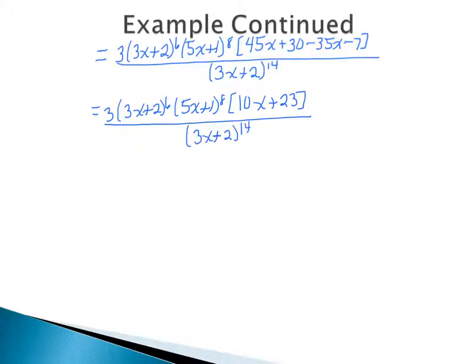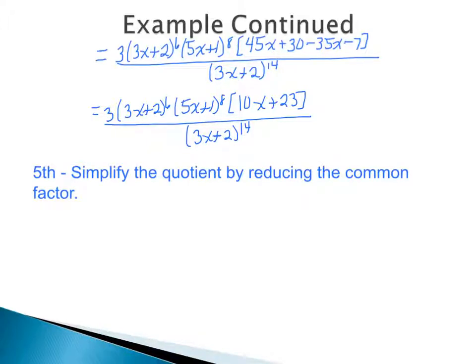So in the last example that we did, we would have been done. But now that we have a denominator, we actually need to simplify the quotient by dividing out the common factor, because what we can see here is that I have a 3x plus 2 in the numerator as a factor, and I have a 3x plus 2 in the denominator as a factor. So we can now reduce that. So (3x plus 2) to the 6th and (3x plus 2) to the 14th, we can reduce that by dividing, because remember when you divide, you subtract your exponents.